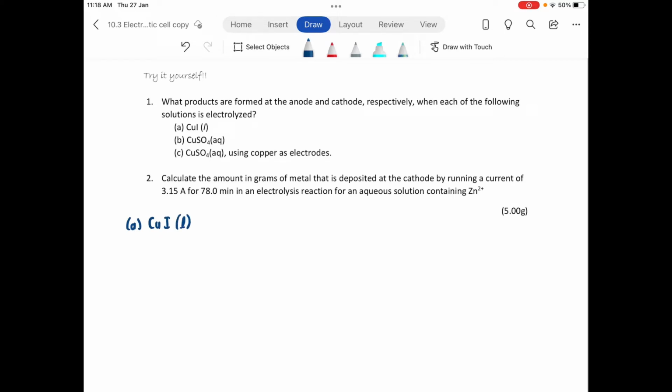Okay, kalau tengok dia kata liquid tu, that means ini ialah molten salt. Molten salt ni is when we have salt, our ionic compound ni, in the form of solid, we heat until it becomes liquid. Okay, kita ada solid, garam kita dalam bentuk solid, kita panaskan sampailah dia jadi liquid, sampai dia cair.